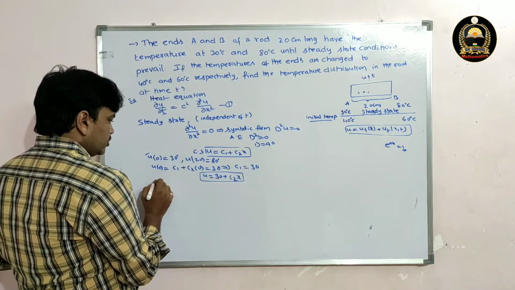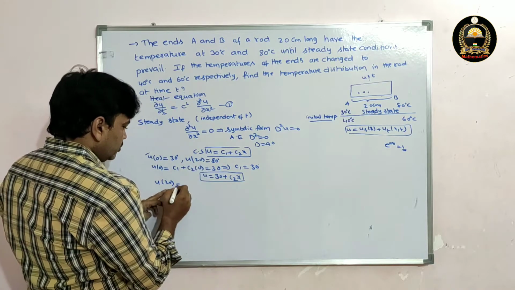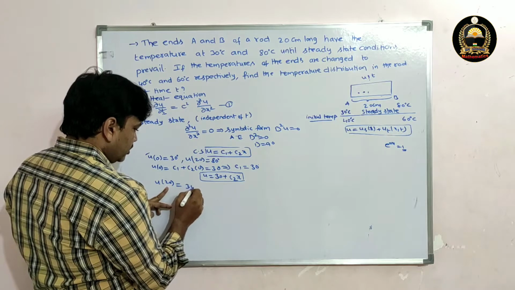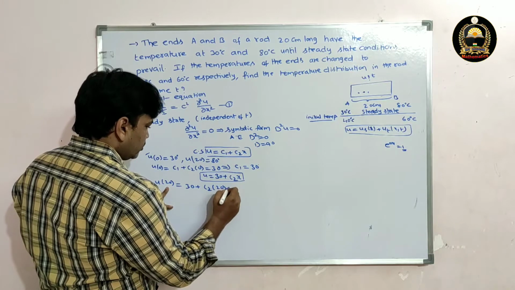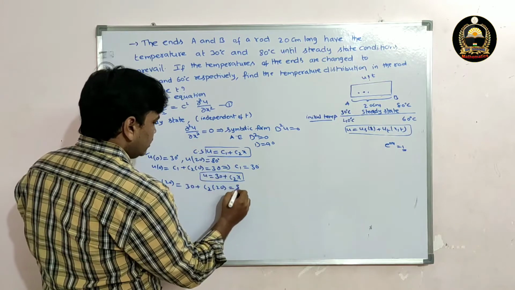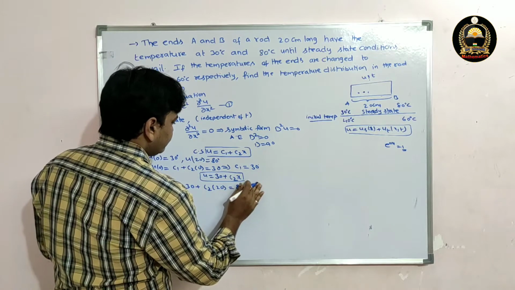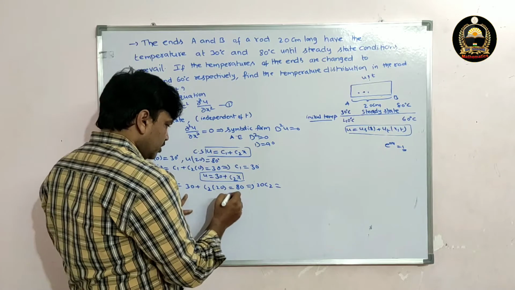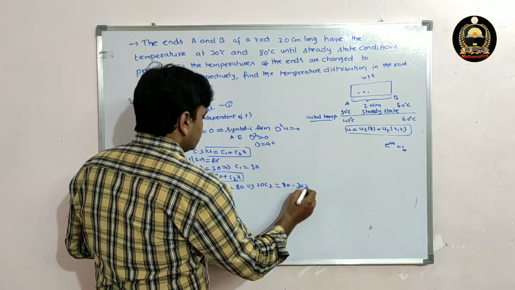Now second condition, students. U of 20. So u of 20 means x value is 20. So 30 plus c2 into x, where x value is 20, is equal to u of 20 value, which is 80. That implies 20 c2 is equal to, transposing to the right hand side, 80 minus 30, that is equal to 50.